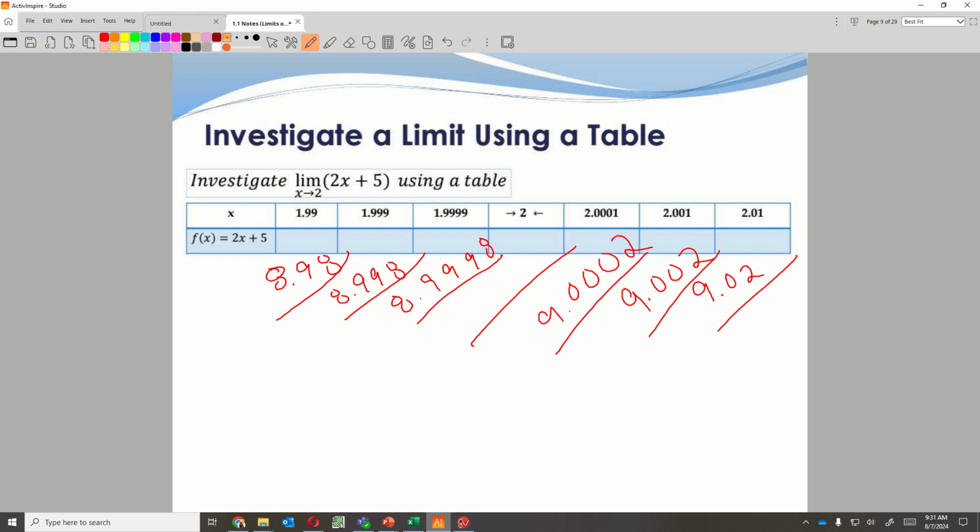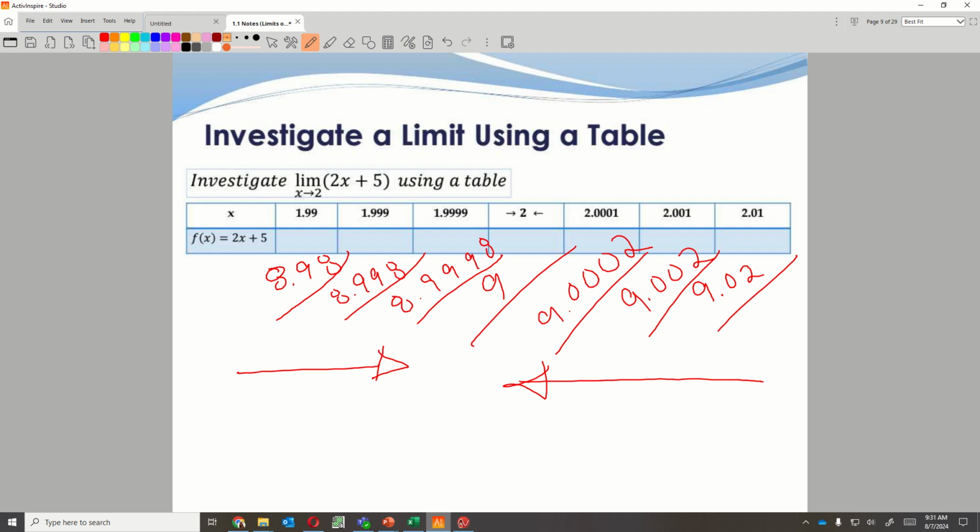When I'm going to 2, it looks like it's going to 9. So both sides are approaching the same number. So the limit process has to approach the same number from the left-hand side and the right-hand side. And this one is going to be 9 because this one works out all nice and neat, right? Because this one is not undefined at that point. Does that make a little bit better sense, or is that just chaos?